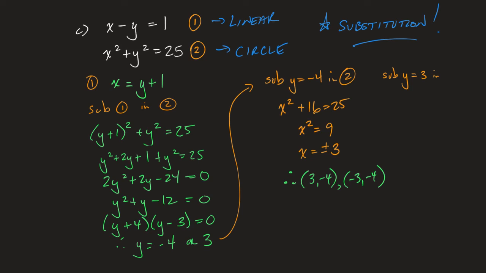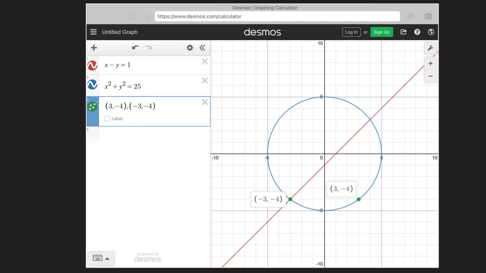Now, what I want to do is hop out of this for a second, and we're going to take a look at the picture of this graph. So I've just hopped onto Desmos again, and you'll notice that I've graphed our system. What we see is our blue circle, centered at (0, 0) with radius 5, and we see our red line.